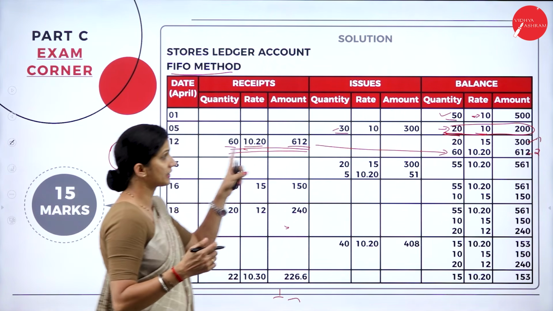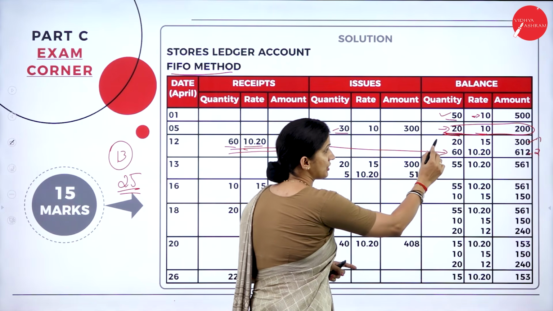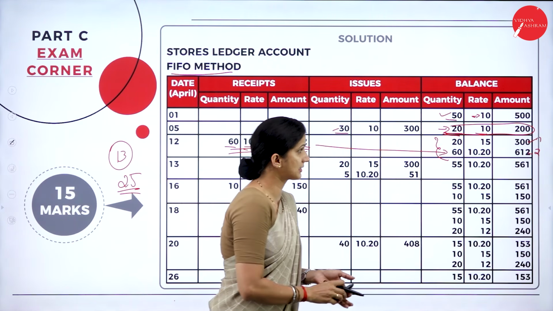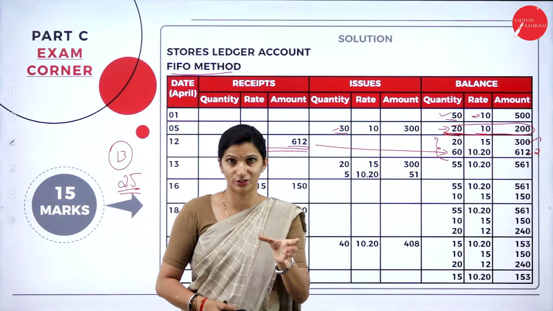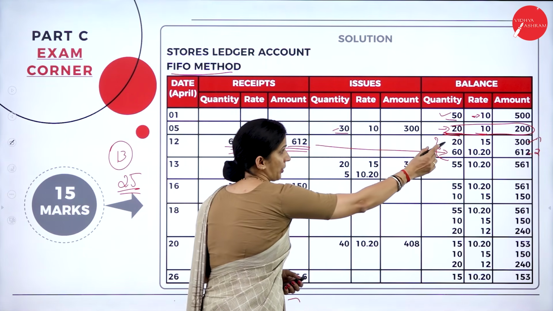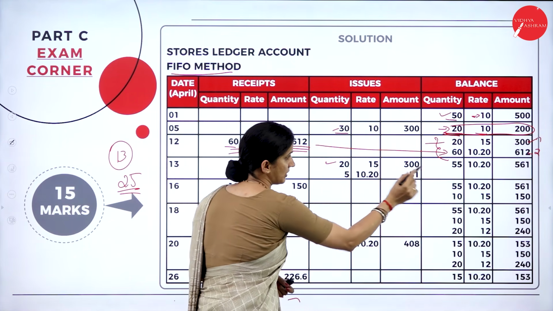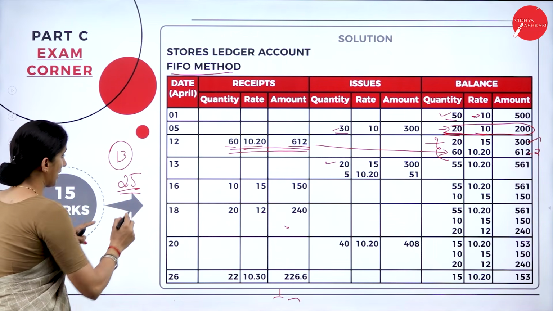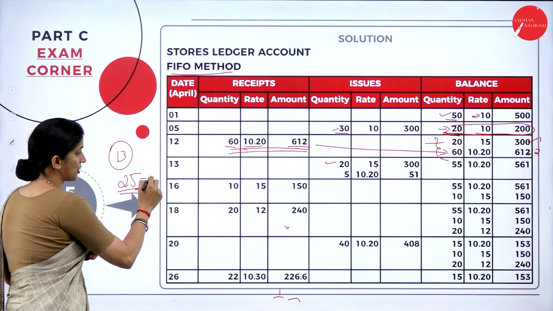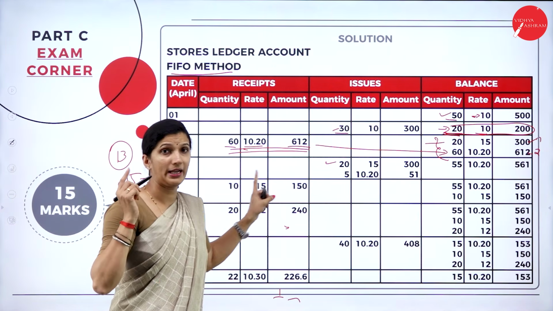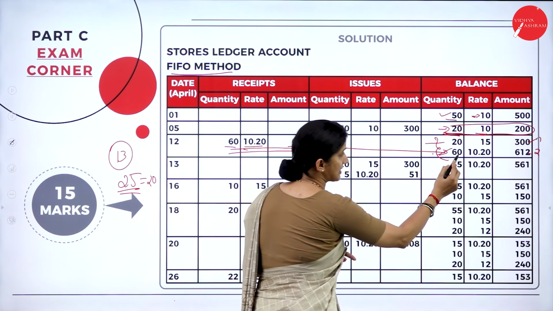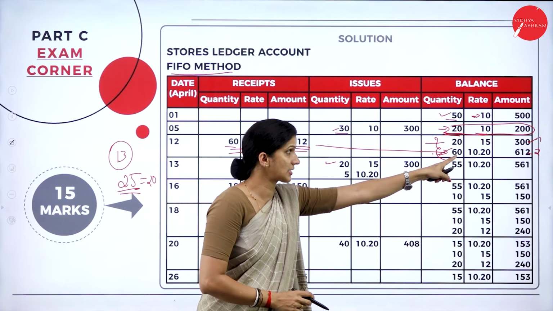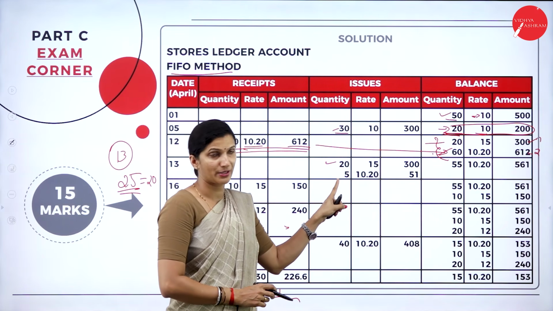So on the 13th transaction, we need to see the previous day balance. Here you have 20 units only in the first lot. So those 20 units you will issue first. Out of 25, 20 units will be issued from the first lot, and the remaining 5 units you will issue from the second lot, from the 60.